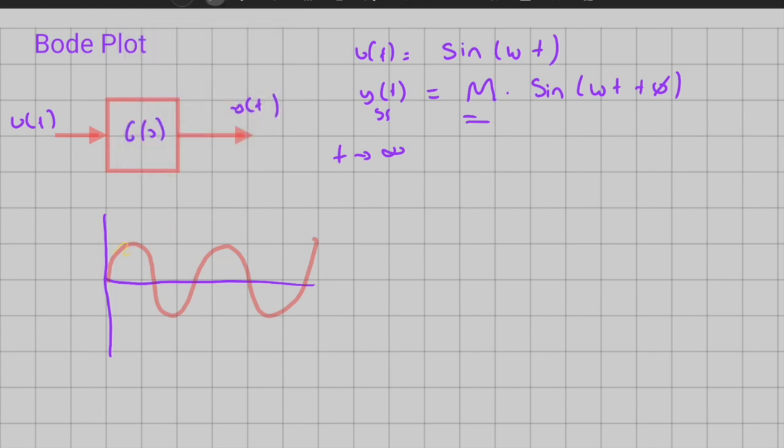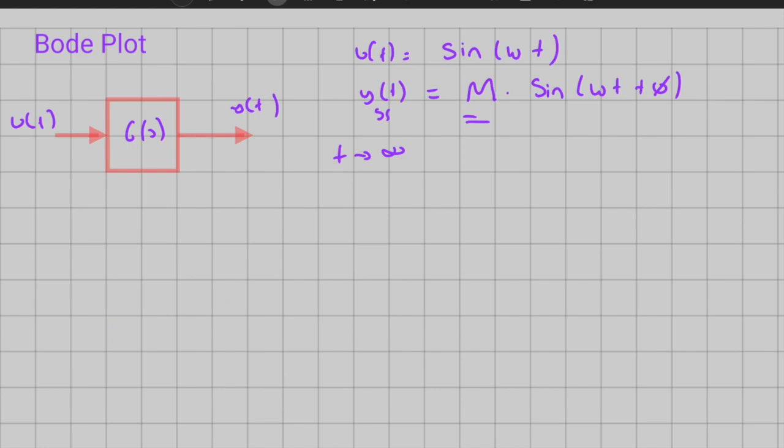It can have a shift, so something like this. There's a phase difference and an amplitude difference, but of course the frequency should be the same. Of course, this is true for linear time invariant systems.